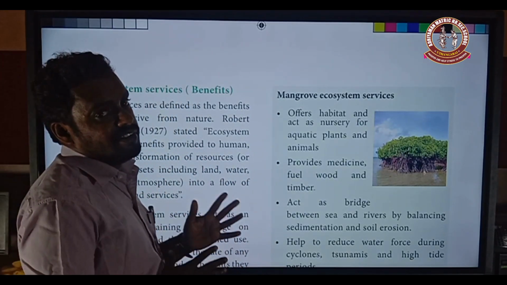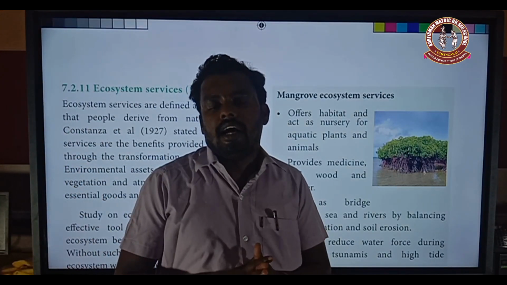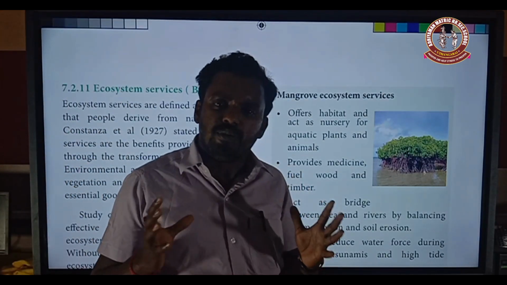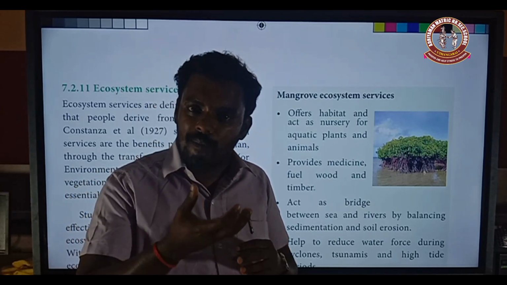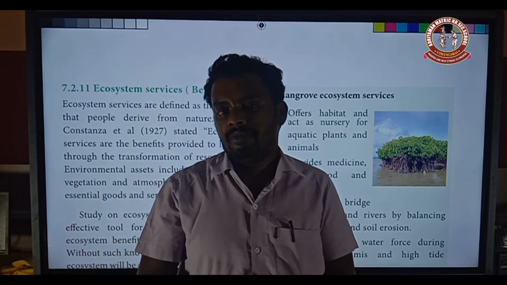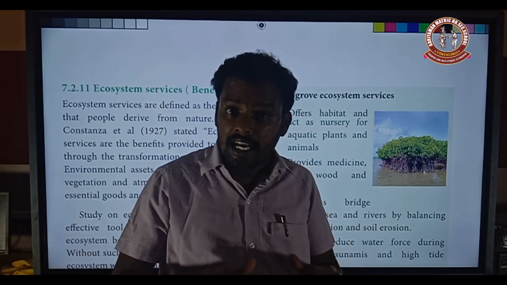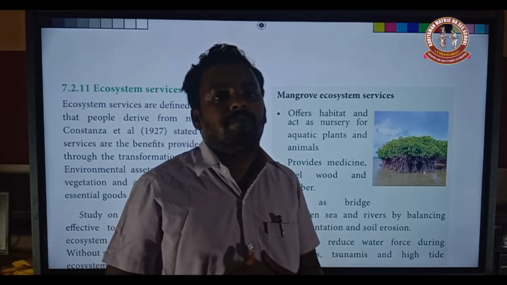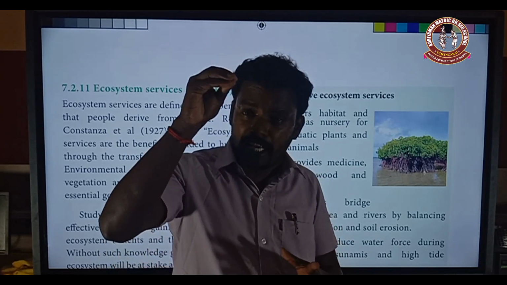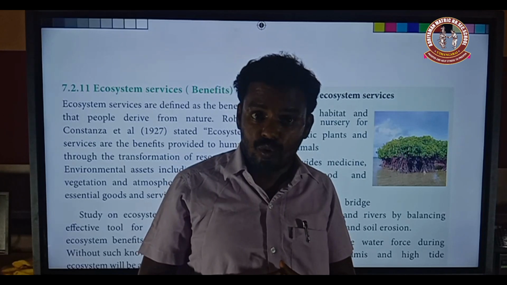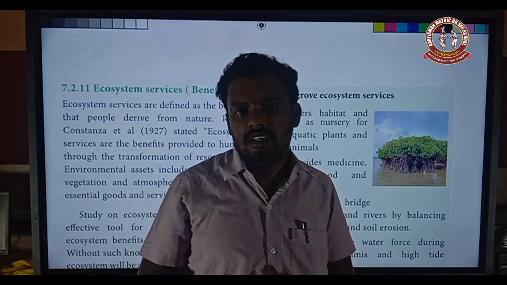Here services mean different types of useful components obtained from nature. Or we can say that different types of natural resources are provided by nature.